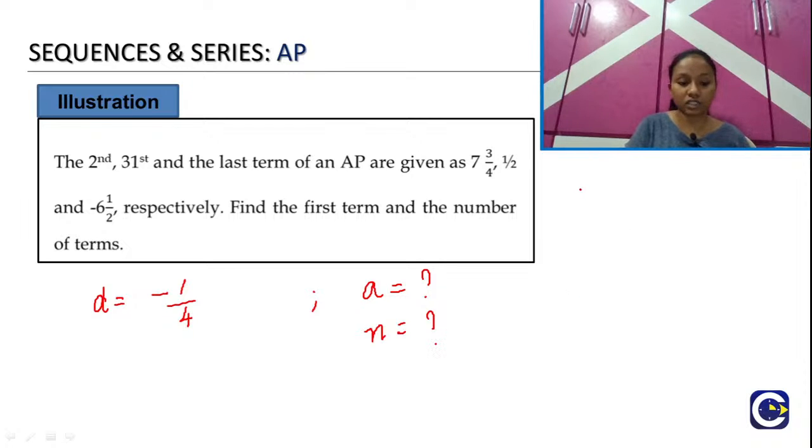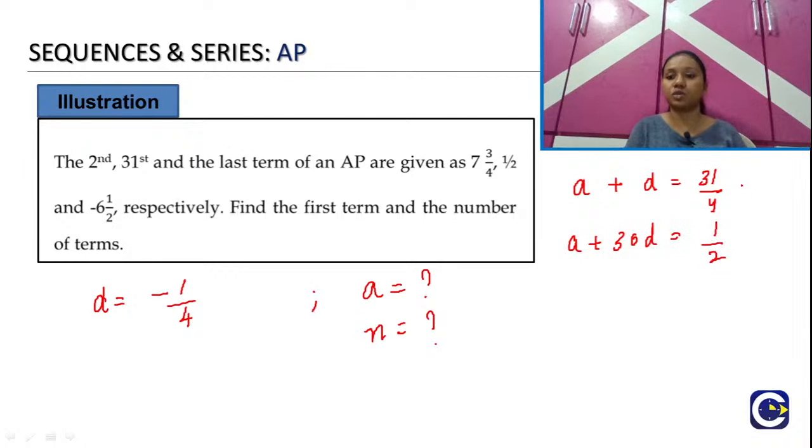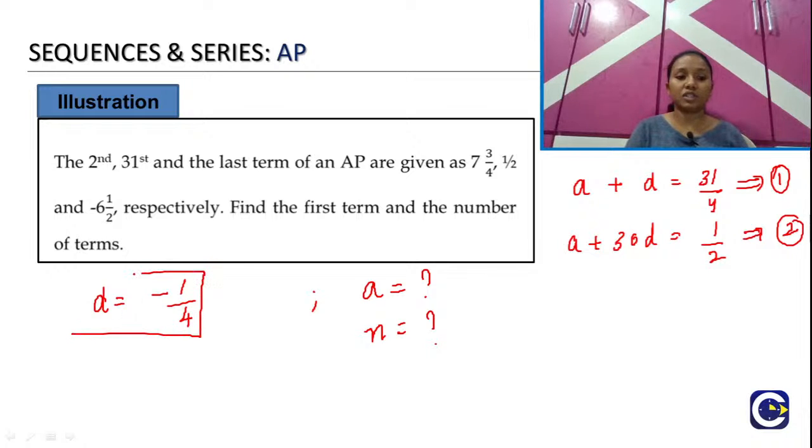So we have already had the equations, that is A plus D is equal to 31 by 4 as well as A plus 30D is equal to 1 by 2. So these are the two equations which we got. So we already determined the common difference.